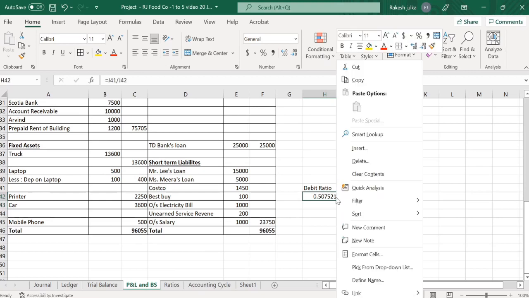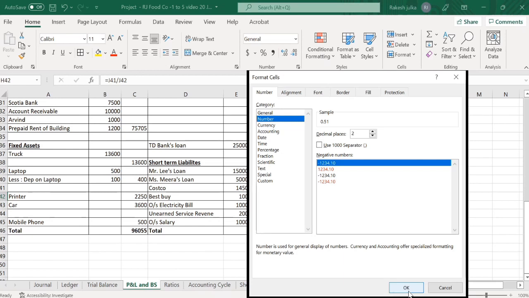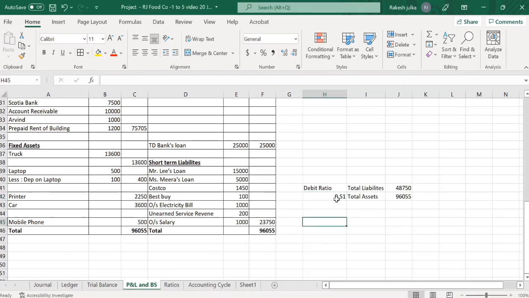If I right click on this one, go to format number and OK, you will see 0.51. I'm just going to add borders and bold it. 0.51. OK, so this is the debt ratio.